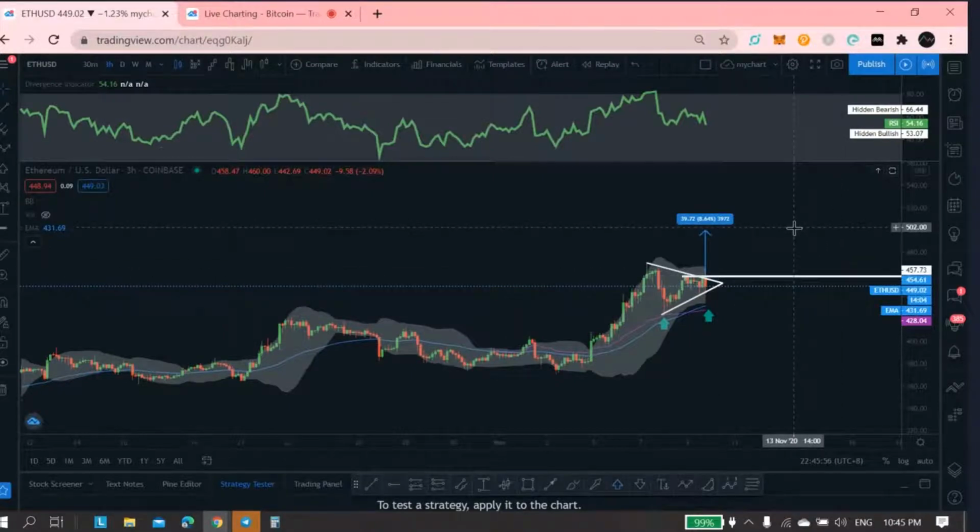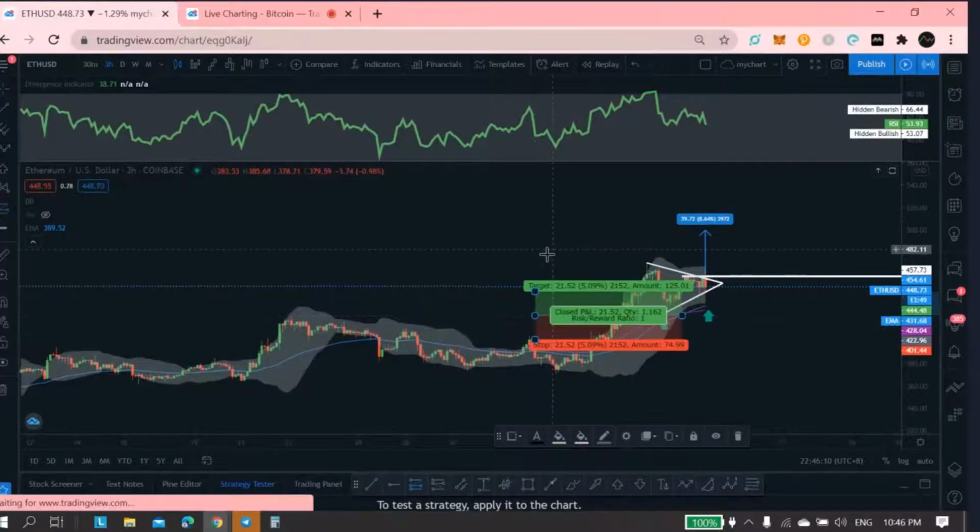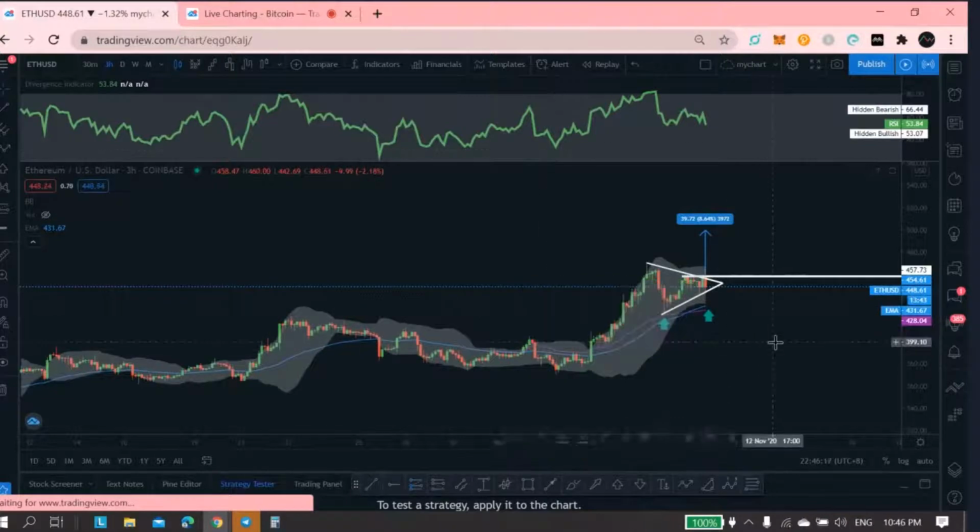However, if of course I'm against the trend, then it's my expected stop loss percentage loss.